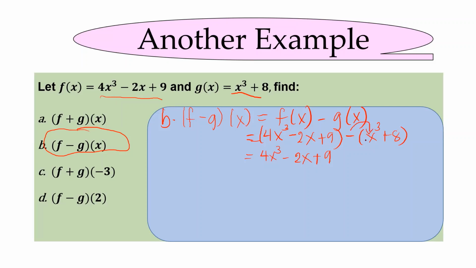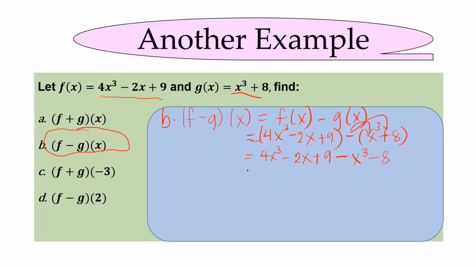Here, you need to distribute the negative or the minus. Negative times positive x cubed, that would give you negative x cubed. Negative times positive 8, that would give you negative 8. Then, now, we don't have the parentheses anymore. Then, we have to combine like terms.